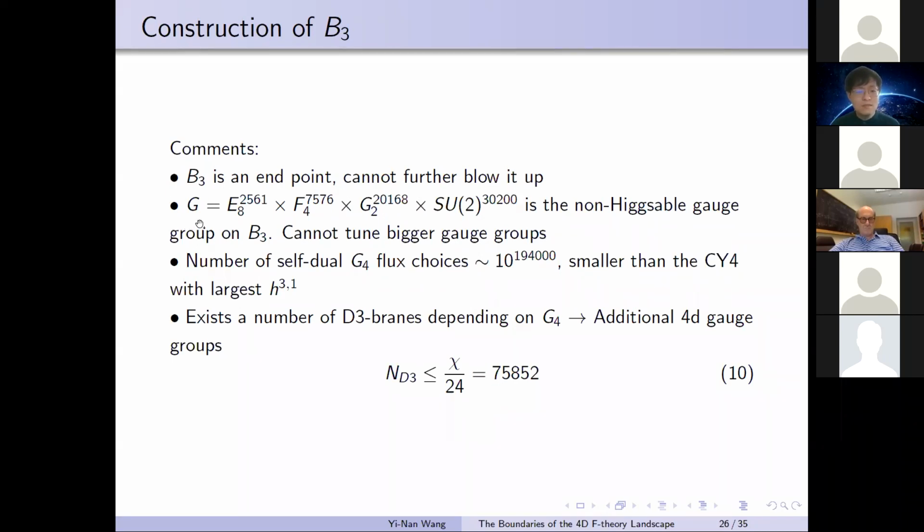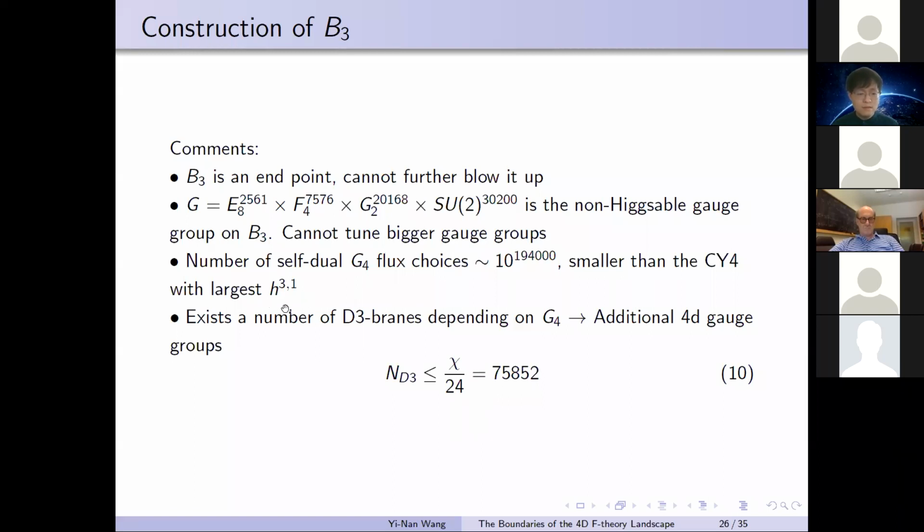Second comment is that this enormous geometric gauge group is already the non-Higgsable gauge group on the base threefold, and it's impossible to tune any bigger gauge group on it. Okay. The third point is that I also estimated the total number of G4 flux choices, which is smaller than the one in the previous paper.